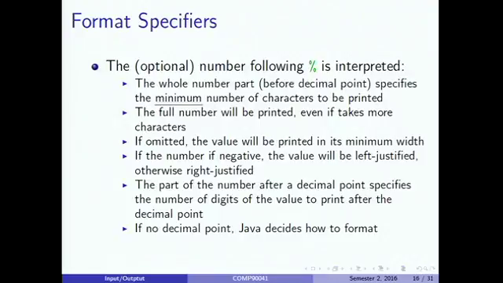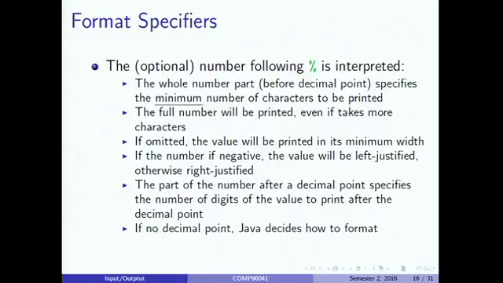What you may have is number dot number, or you might just have number, or you might just have dot number. Let's look at the first thing. Before the dot, or if there is no dot, that specifies how many characters the next thing is going to take up.